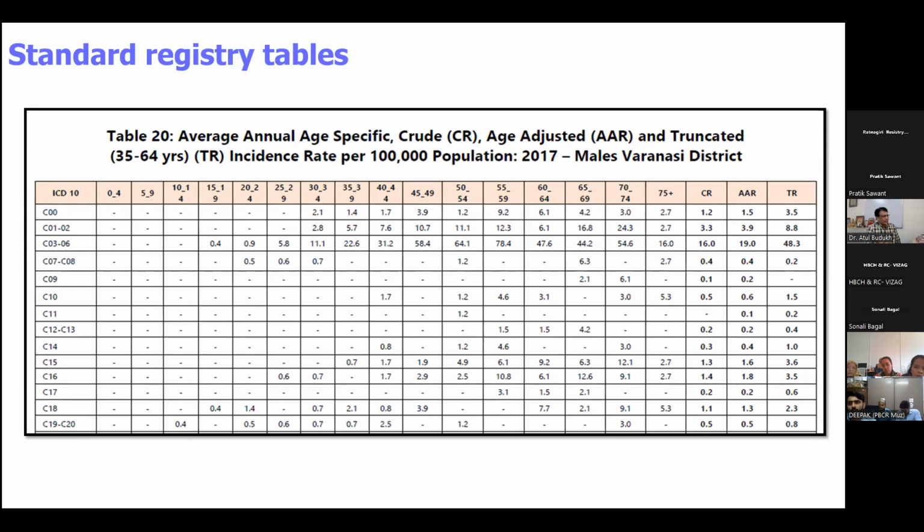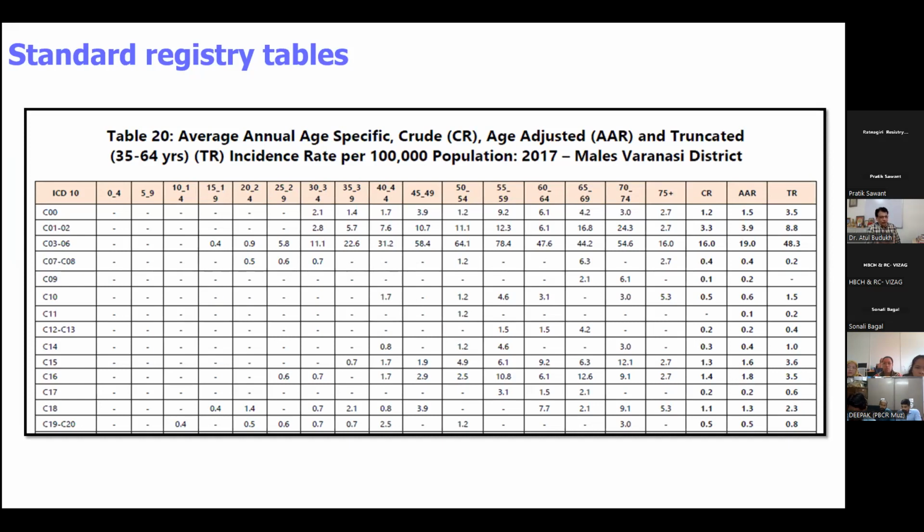For Sri Lanka, Colombo is the area. For Timor-Leste, the entire country has the cancer registry, 1 million population. Bhutan also covers the entire country, around 0.8 million population. Vietnam also has a registry in Hanoi.